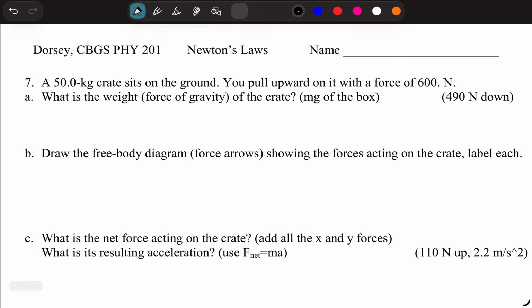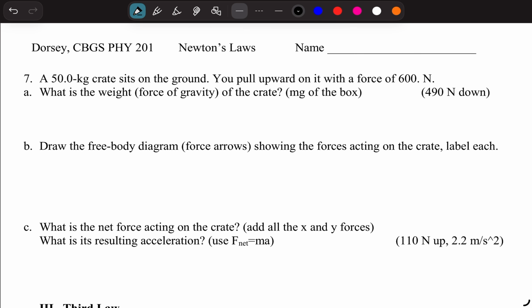A 50-kilogram crate sits on the ground. You pull upward on it with a force of 600 newtons. What is the weight force of gravity on the crate? mg of the box. So this is 50 kilograms, and it's pulled upward with a force of 600 newtons. You can draw Fg and also your weights.